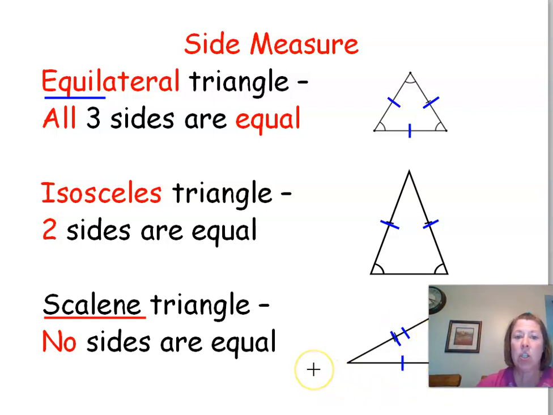So what we're going to do now is use the pages from your packet that specifically state to use the following 4 pages as you watch the YouTube video lesson, and we are going to classify those triangles before you do your problem set.